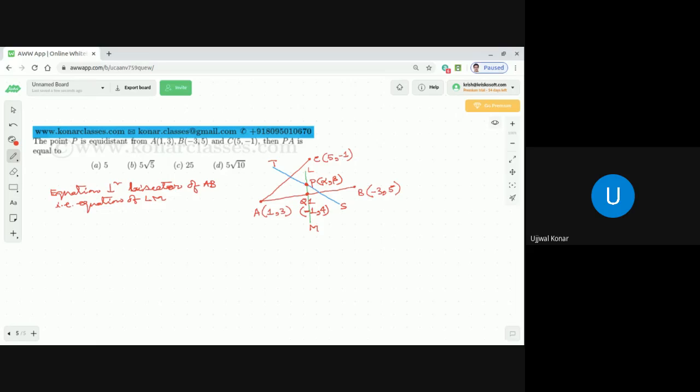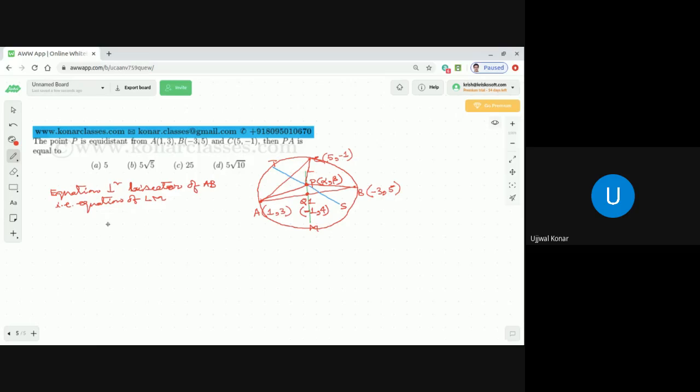So definitely PA should be equal to PB should be equal to PC, because they are the radius of this circle. Obviously this distance will be the same. That is why it is important to have the intersection of the perpendicular bisectors.